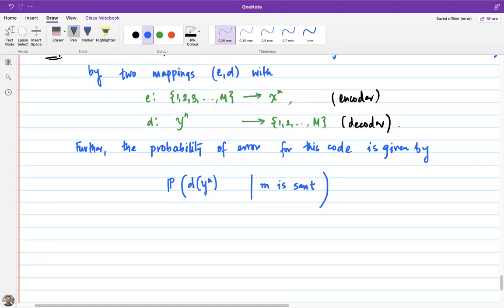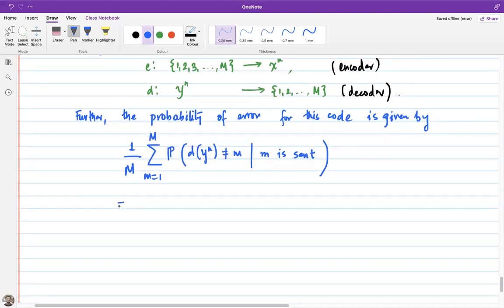If the decoded output is not equal to m, then we say that this is an error. Since this small m can be any one of these capital M messages, we need to take a summation where small m runs from 1 to M, and since we are interested in an average probability of error, we divide by M.